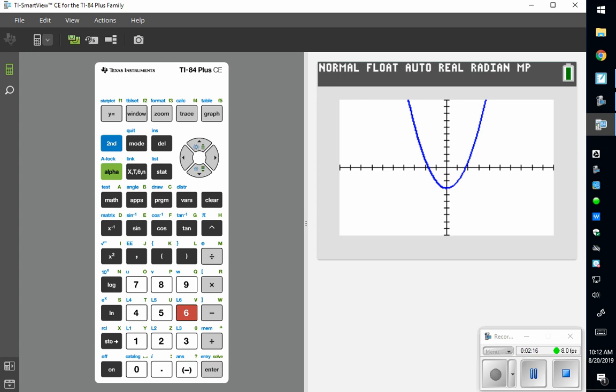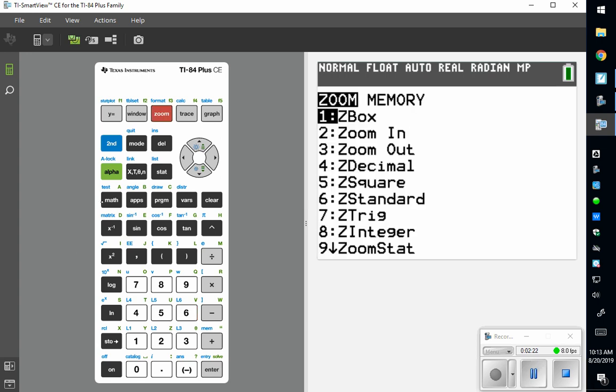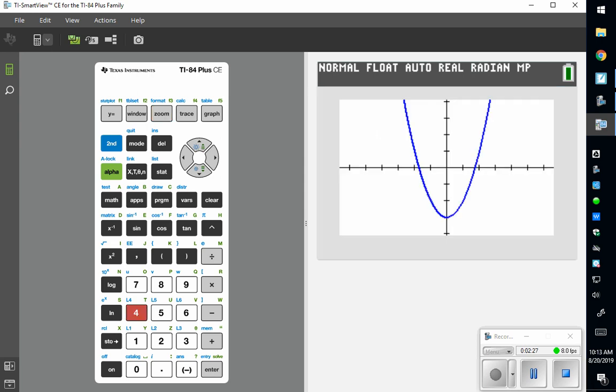If you wanted an even better window, you could put your own numbers in the window menu, or I think I'm going to try zoom decimal, which is number 4. It doesn't go all the way out to -10 and +10, so it zooms in a little bit. One of the nice things about zoom decimal is that if I press trace and move left and right, you'll notice the x coordinates are 1/10 of a unit apart. So it's a really nice increment to go by.